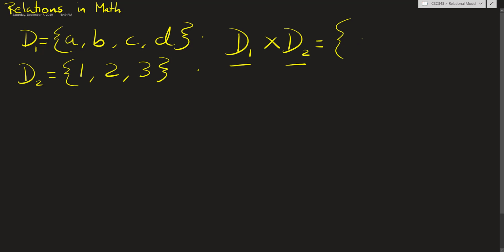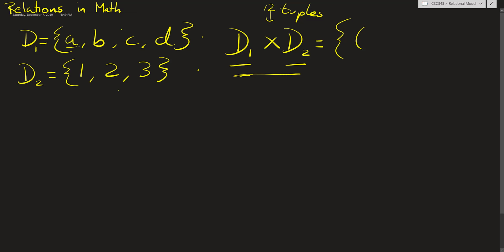So this itself is also a set of tuples. How many elements would be in this set? You take the number of tuples in D1 times the number of tuples in D2. So that's 4 times 3, which is 12 tuples in total in this new set. So let's enumerate all of them.